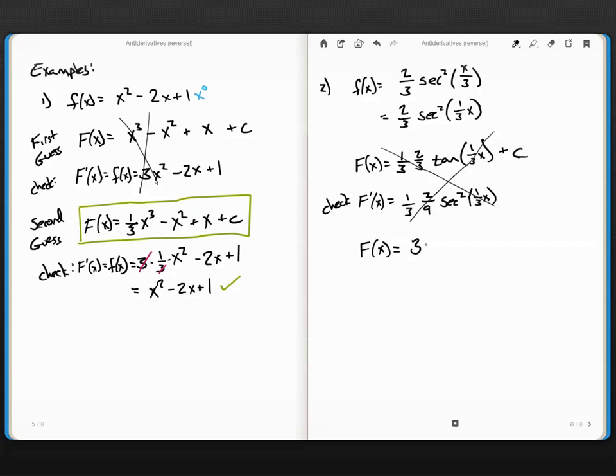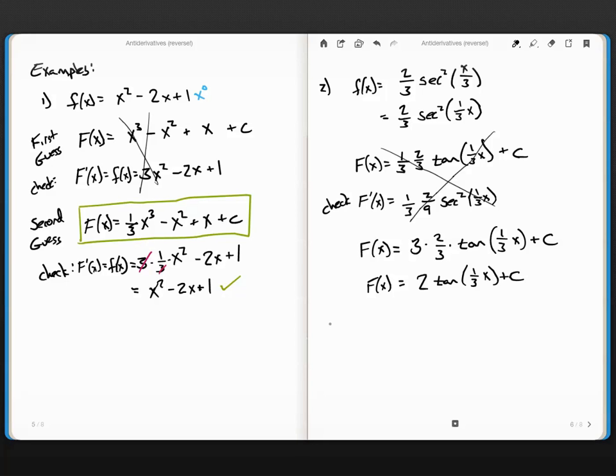So it's 3 times 2/3 times the tangent of 1/3 x plus c. Right, which means my big F of x that I'm shooting for is really 3 times 2/3 is just 2 tangent of 1/3 x plus c.